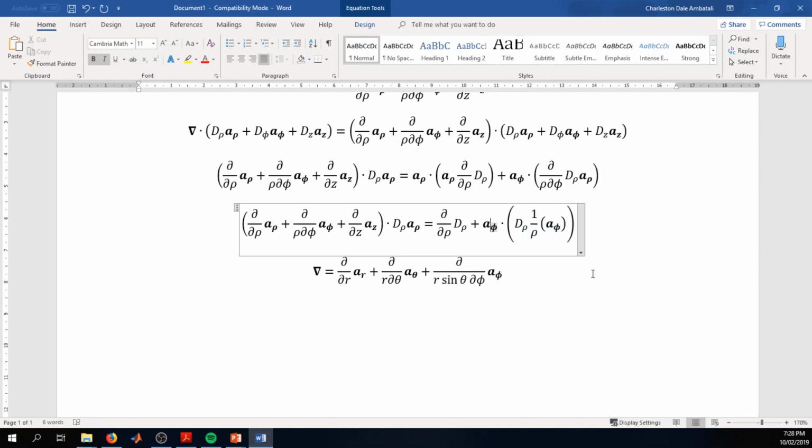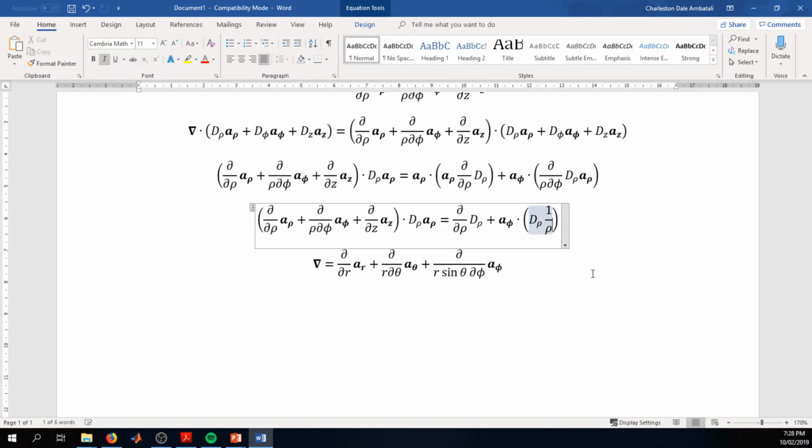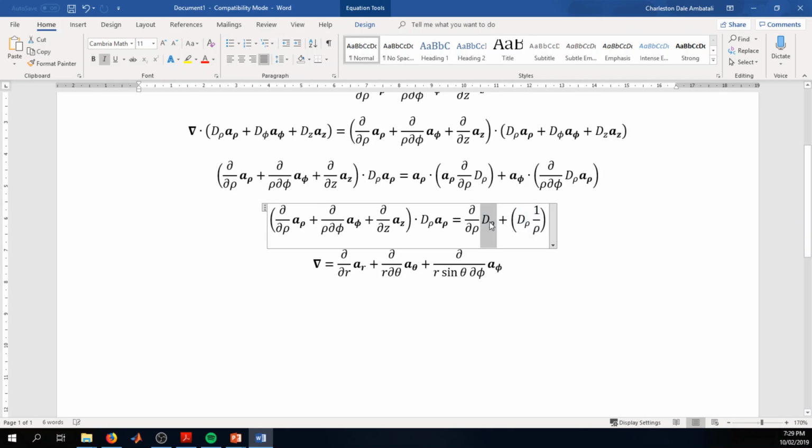Therefore, this dot product here will now be equal to 1. And you're left with these expressions right here: the partial derivative of the rho component with respect to rho, times this expression, d rho over rho.